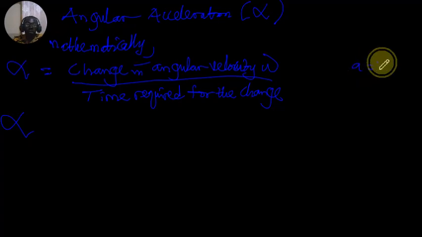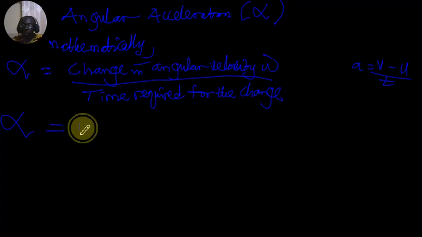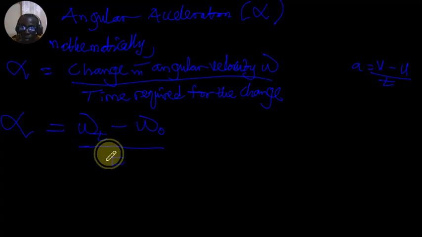Change in velocity, where you have final velocity minus initial velocity over time. Same way you can deal with angular velocity, where you have the final angular velocity, call that omega t, then minus the initial angular velocity omega naught, over time, which is t. But from the first relationship we added that v, but v is what?